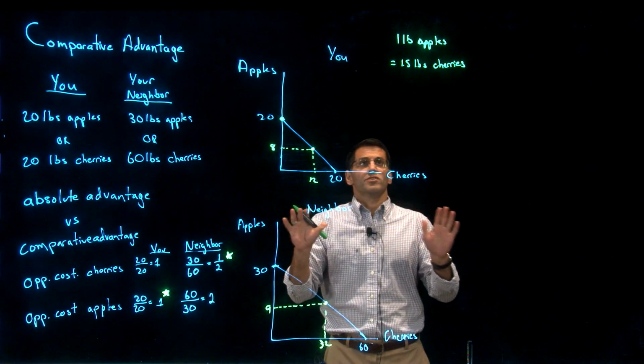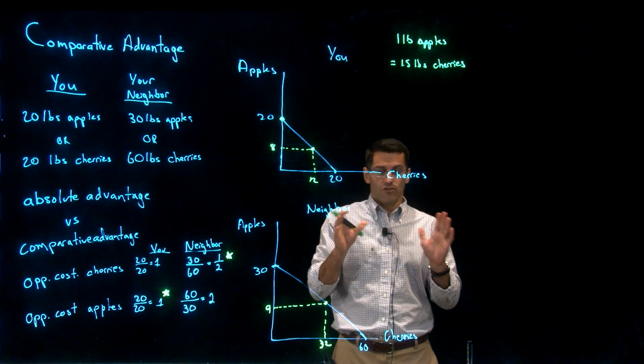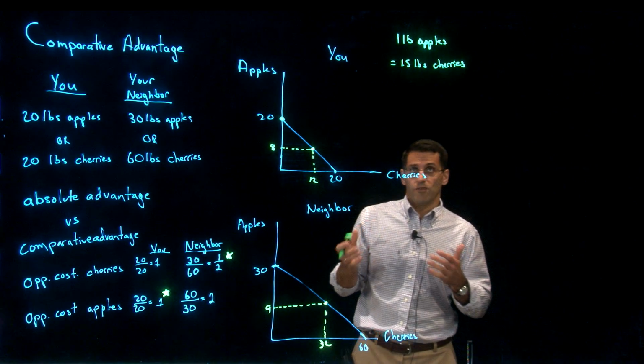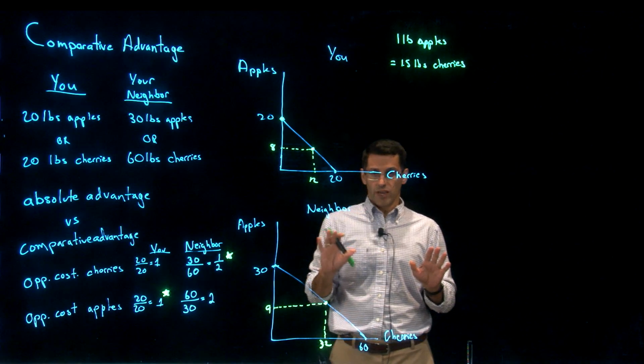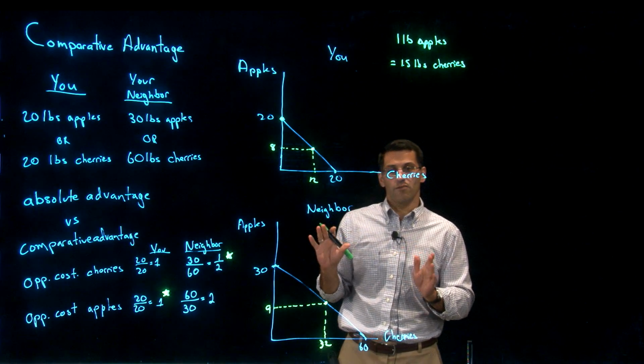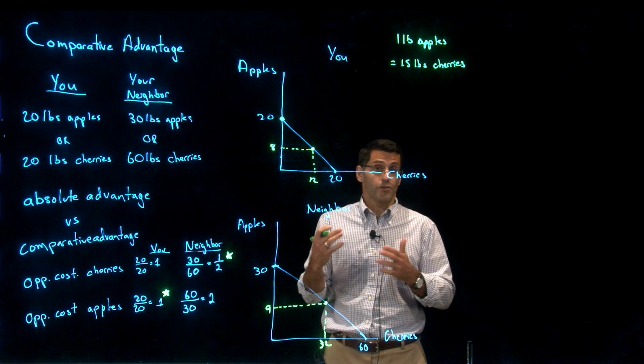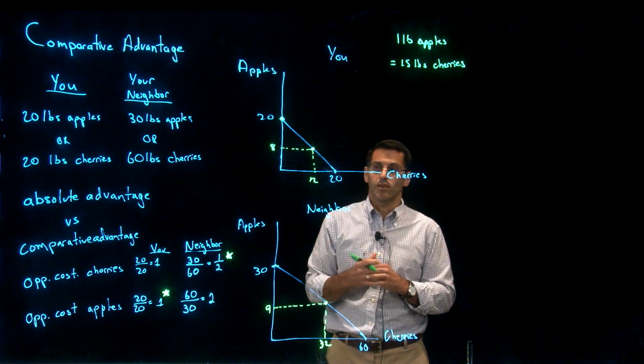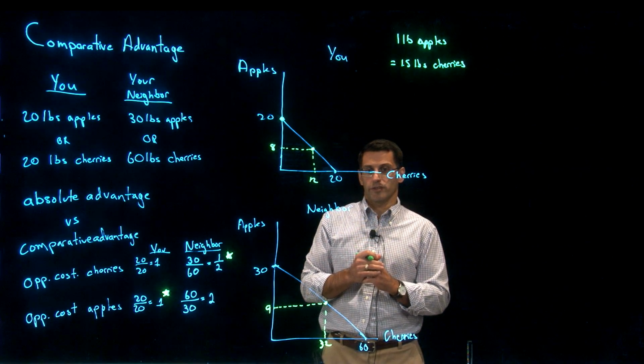Now we're taking this exchange rate or this relative price of apples and cherries just as a given in the example. Right? You don't have the information. You would need to figure that out on your own. So I just take that as given in this example.